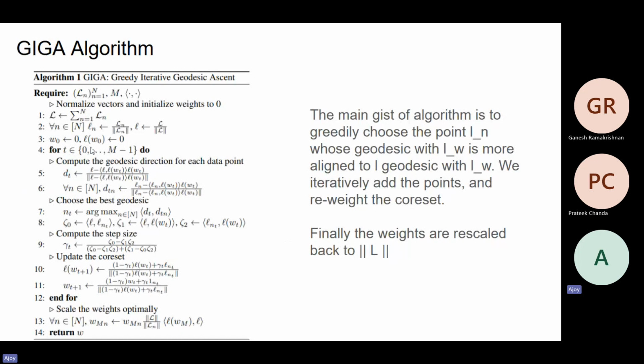So in the first step, at t equals 1, we will be getting the maximum first data set point, and in the paper they prove that this error will decrease.